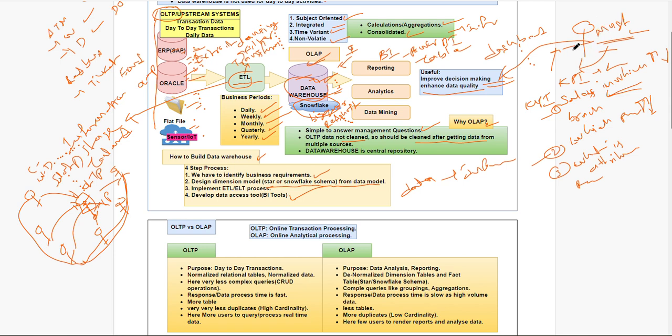Then, based on that, we bring the data from OLTP systems to the data warehouse and build such a model, which is star or snowflake based on the requirement. To build that, we may use the ETL process or ELT. Once we have data, we will build the BI tool. This is the complete project flow. So try to understand. I believe you people are understanding. If you have any doubt, send a mail.